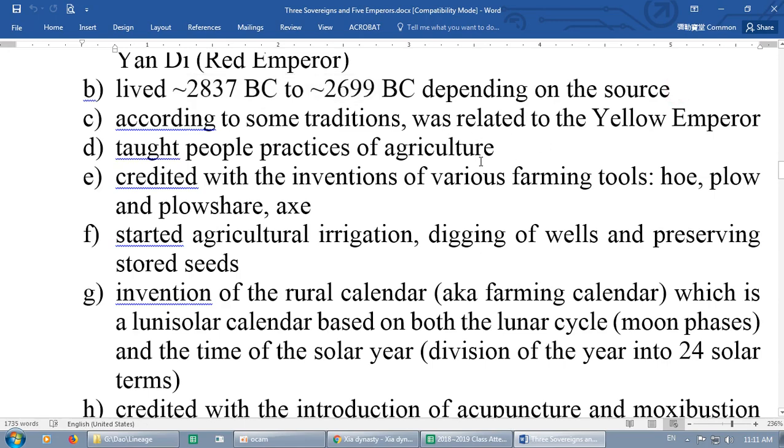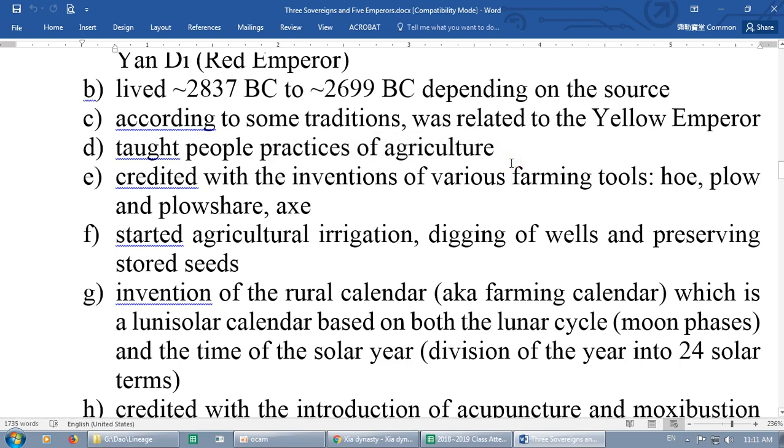Whatever historical source. Now, according to some traditions, they say he was related to the Yellow Emperor. He would be like the ancestor of the Yellow Emperor. Now, what's well known is he taught people how to perform agriculture or farming.